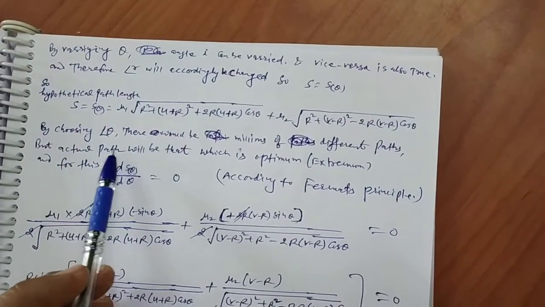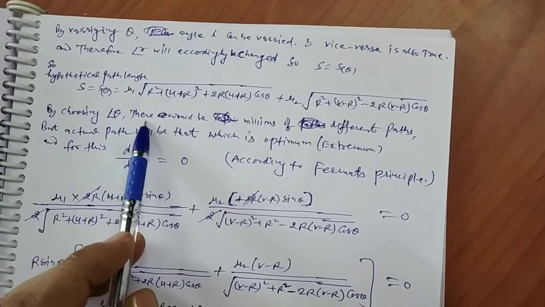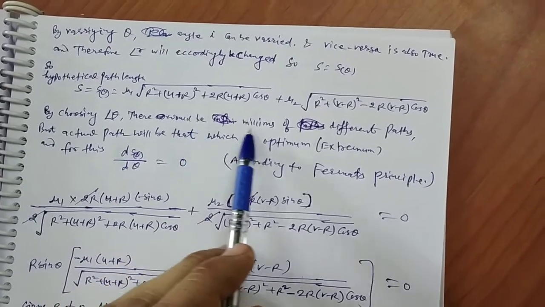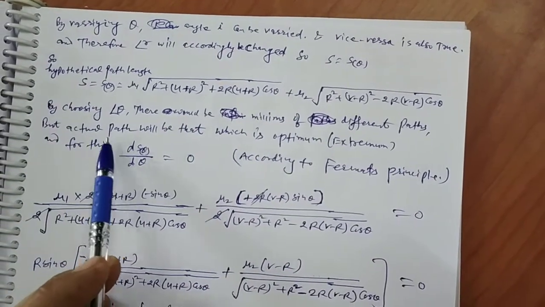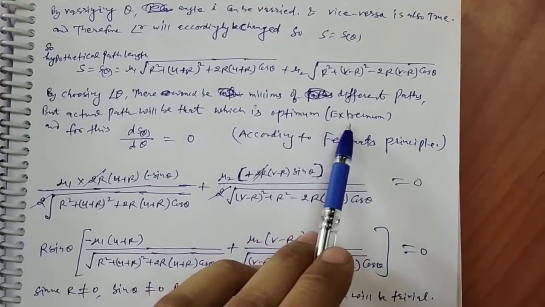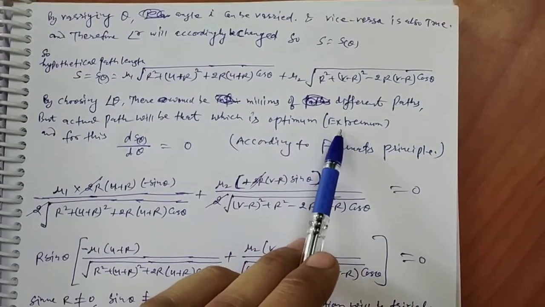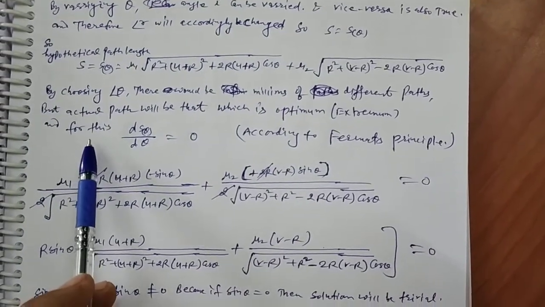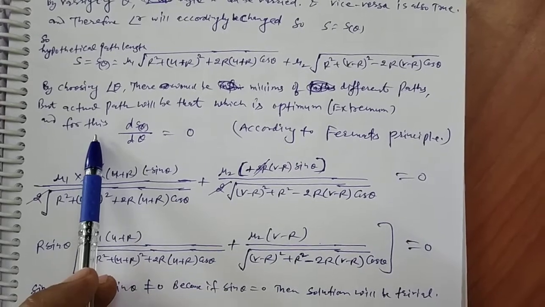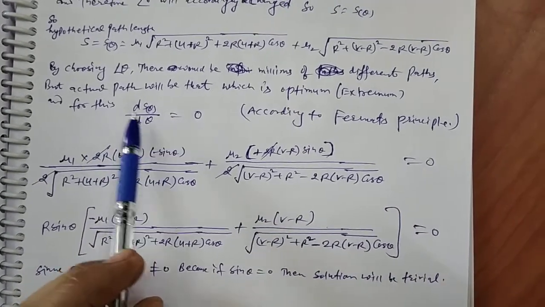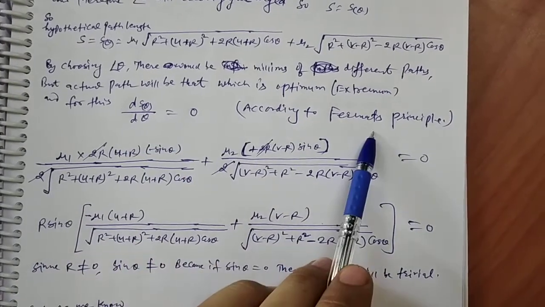So by choosing angle theta, there would be millions of different paths, but the actual path will be that for which the path is optimum, which means extremum. So for extremum, the first derivative of s must be equal to 0.